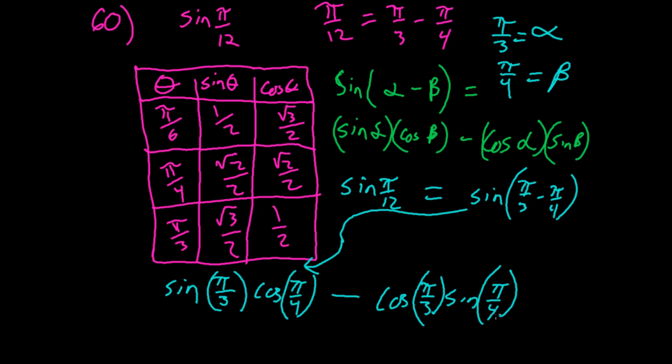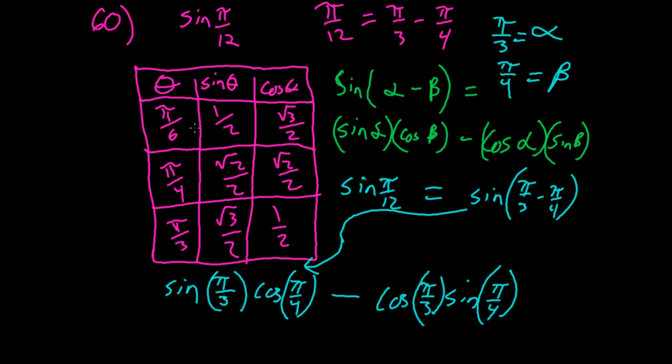And there is a proof for this, but that's beyond the scope of this problem. I'm sure you'll learn it in pre-calculus. So this sine of pi over 3 minus pi over 4 is really just equal to this equation. And we have all the exact values for this, so we can just plug it in.